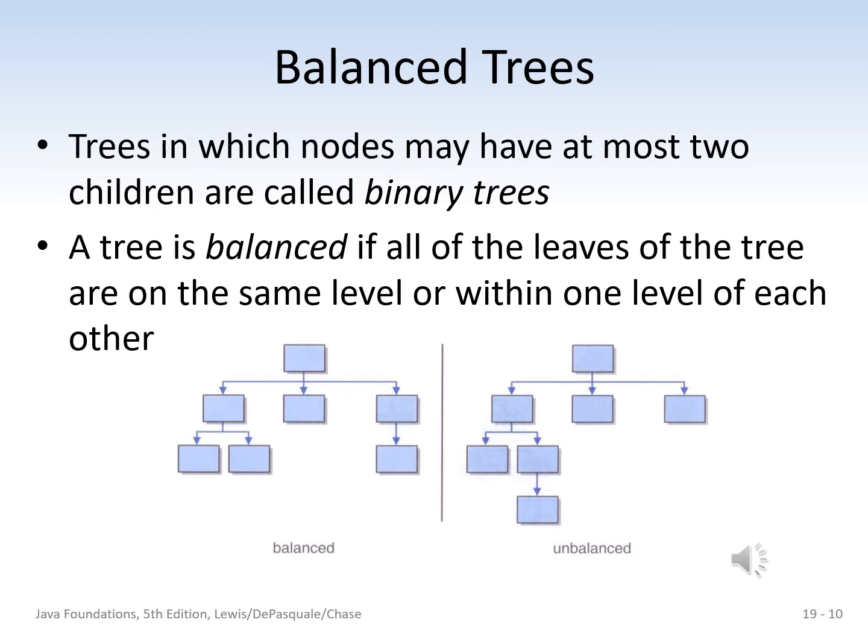In this diagram, you see a balanced tree on the left, and that has levels 0, 1, and 2, and an unbalanced tree which has leaves on different levels. So that has leaves on 0, 1, 2, 3, and level 1.